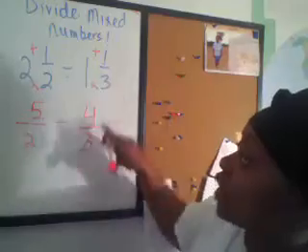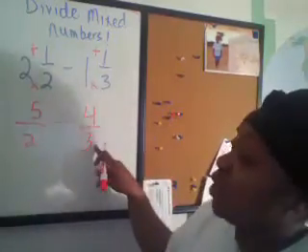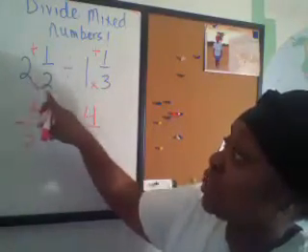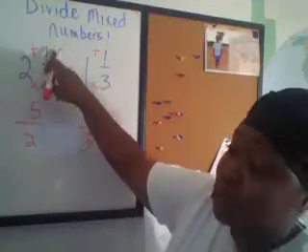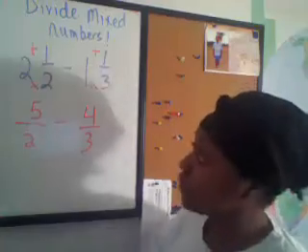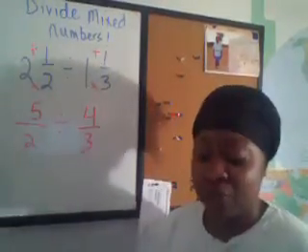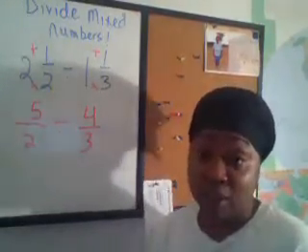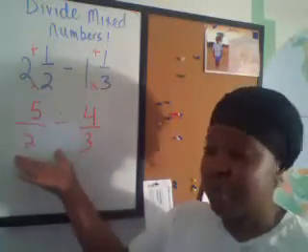My denominators, as you can see, stay the same, but when I multiply my denominator by my whole number and add my numerator, that becomes my new numerator, okay?